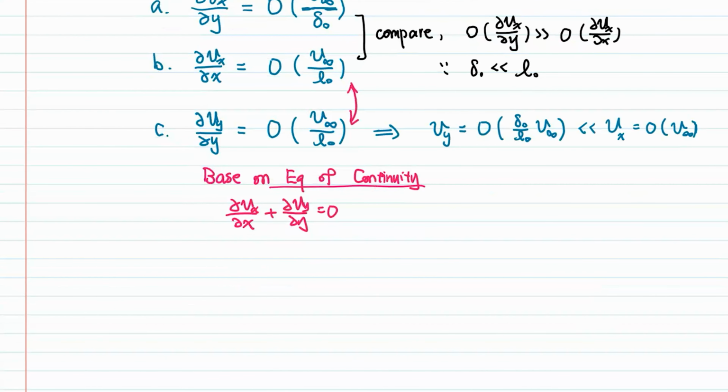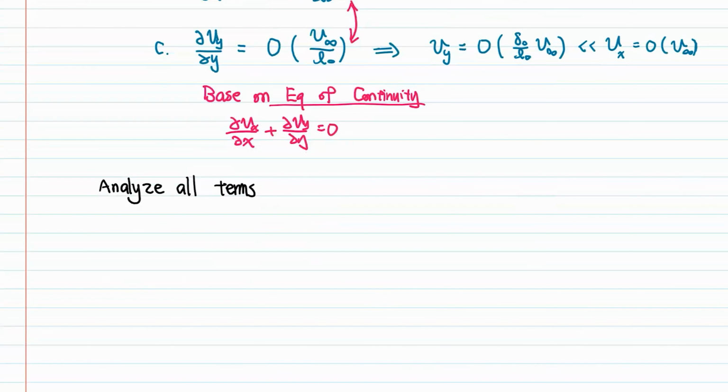So we will analyze all terms. We have Vx partial Vx partial x. This describes the convection term on the left-hand side, which is on the order of V infinite squared over L naught.